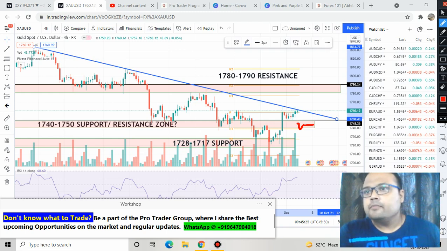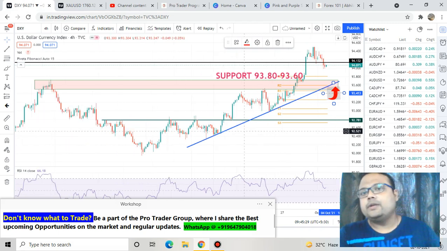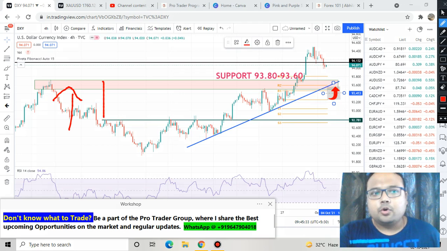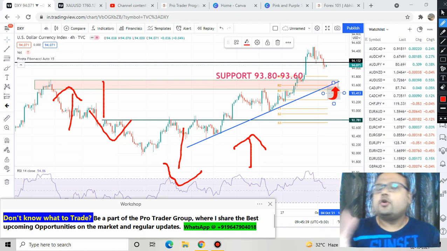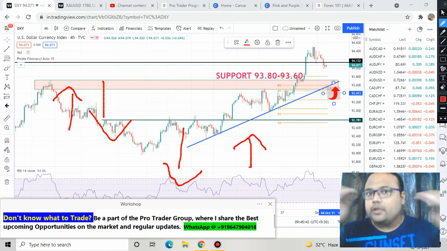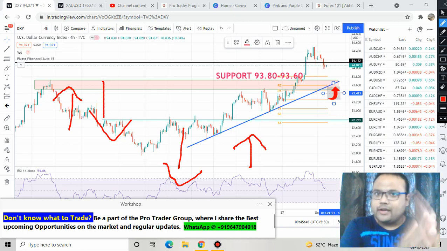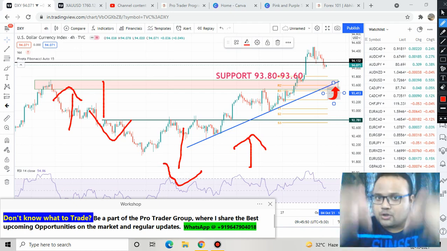Clear? And just make sure that you also consult with the chart of the dollar here. Generally we see dollar going up, gold price going down, or dollar going down, gold price going up. So if you follow the same correlation on Monday, when you are shorting gold, make sure that dollar is going up, and when you are buying gold, make sure that dollar is going down.